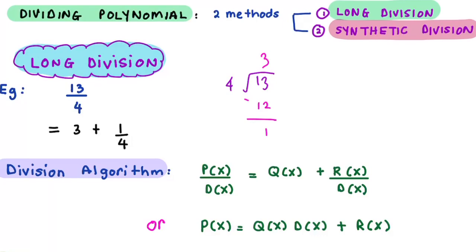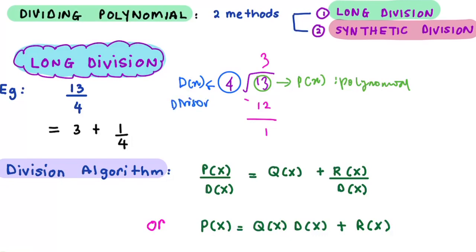So now let me show you. 13 here is your polynomial, so we use the term px, which is polynomial. 4 here is your divisor, so let's use the symbol dx.